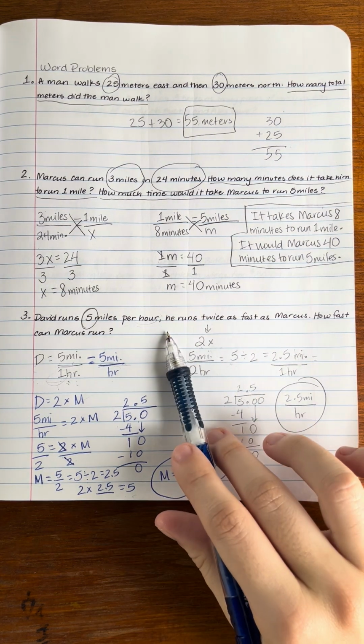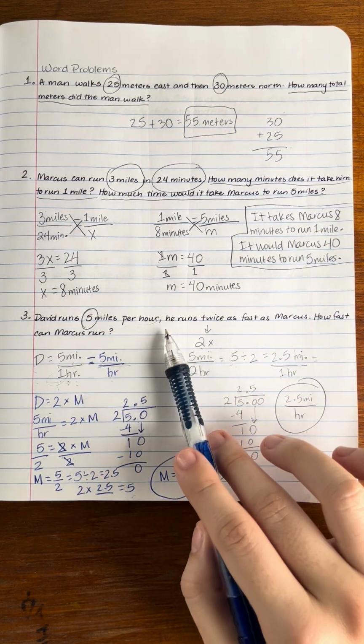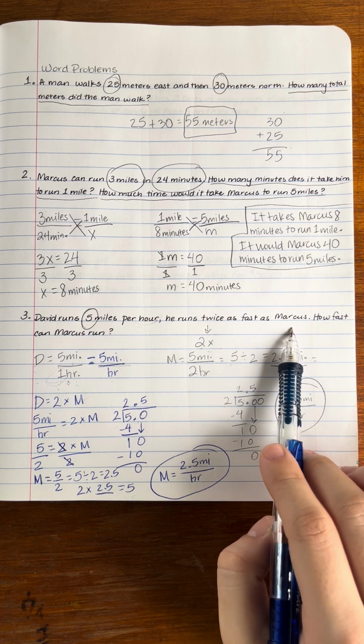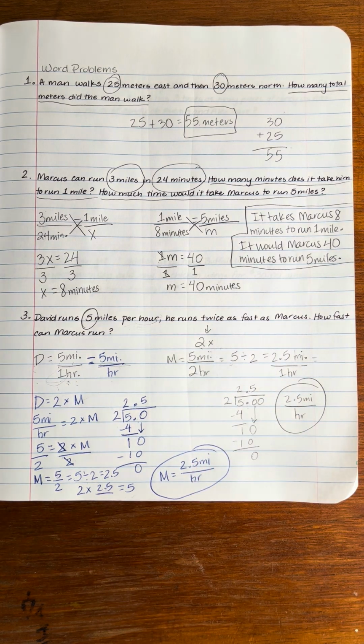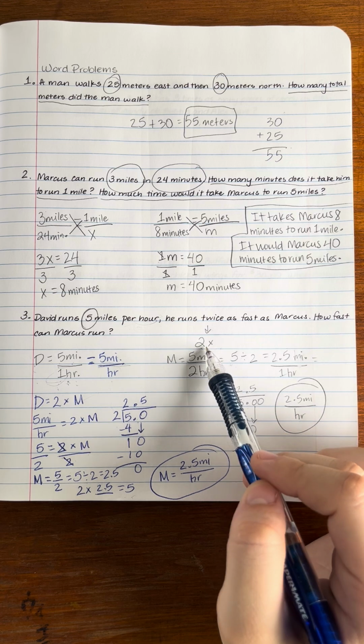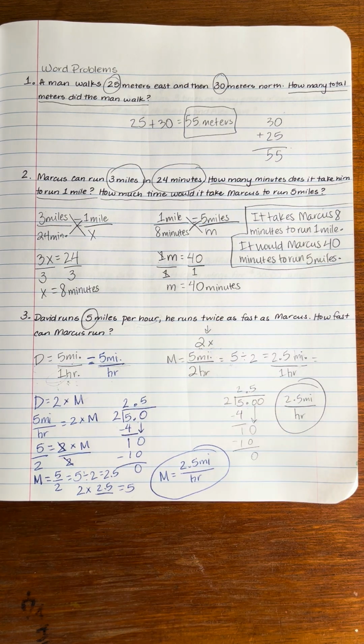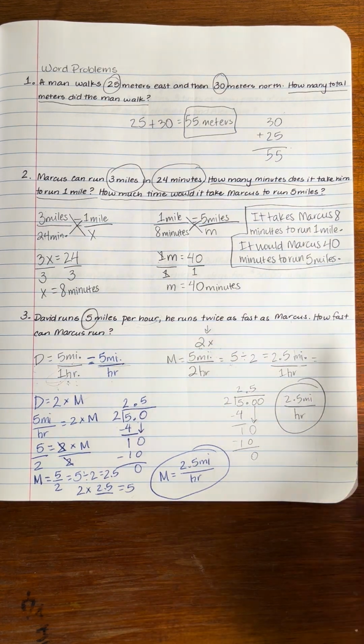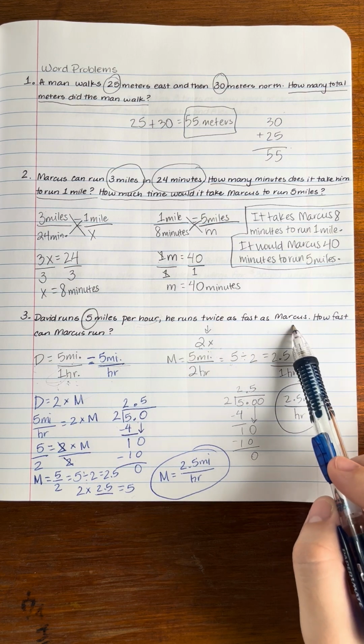Then it says he, being David, runs twice as fast as Marcus. Okay, well, twice as fast is the same thing as saying 2 times as fast, but that just sounds weird, so that's why I wrote it down as twice as fast, okay? But twice is the same thing as 2 times, as Marcus, okay? So we're comparing this to Marcus.